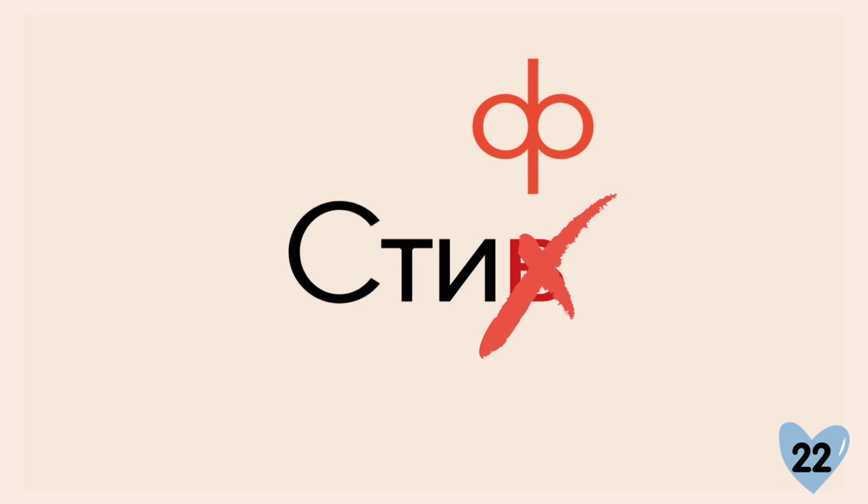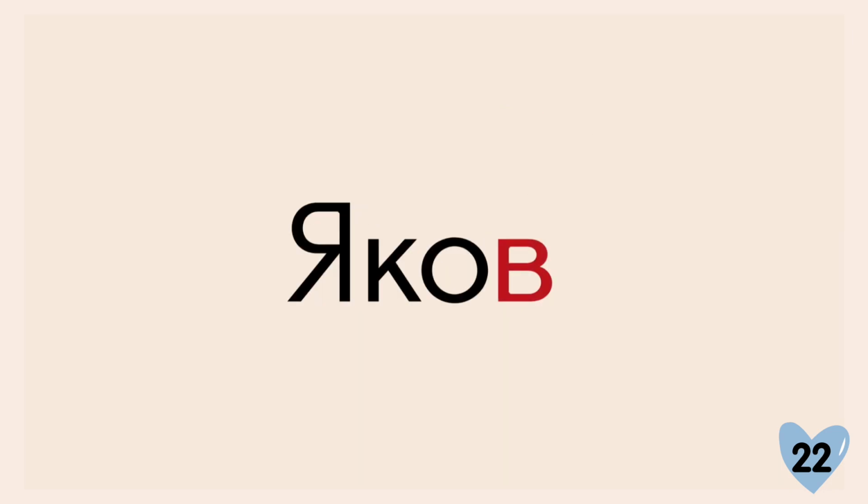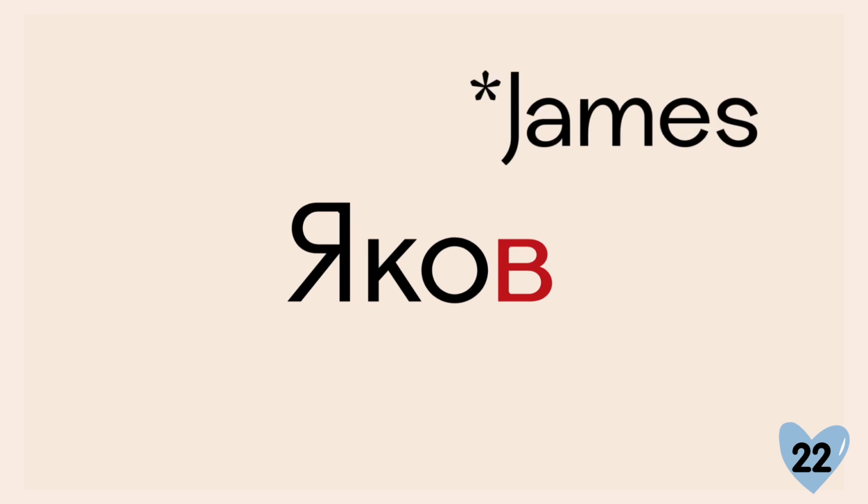At the end, V sounds like F. Now, let's read a Russian male name we saw in lesson 20. Your turn. That's right. That's Yakov. It's basically James in Russian.